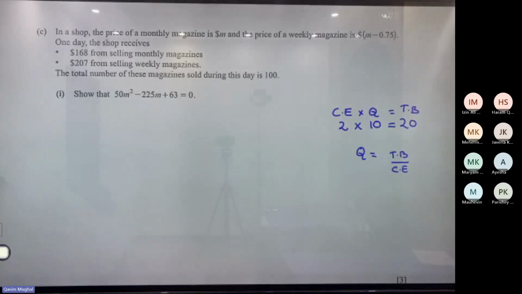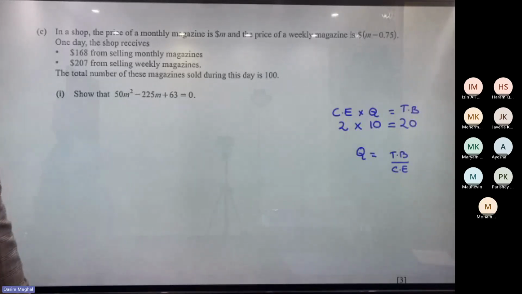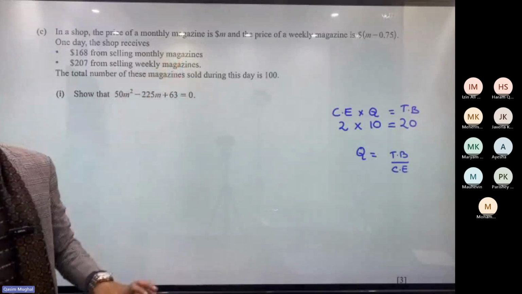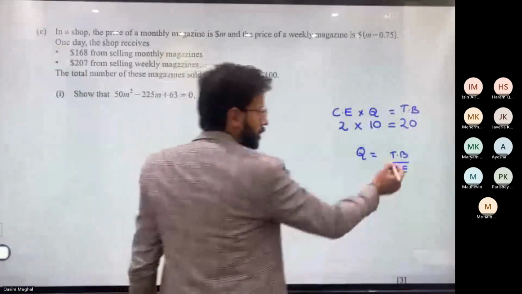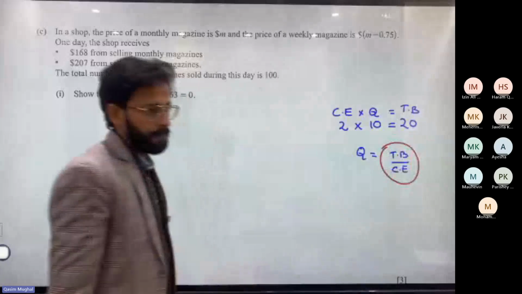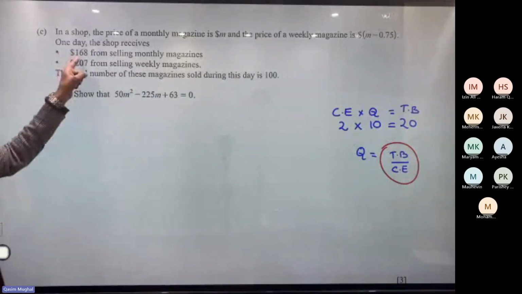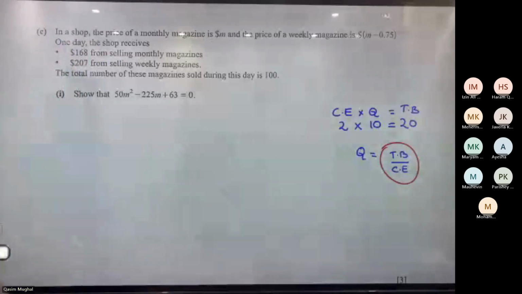On this particular day, उस दिन monthly magazines को sale करने की जो quantity है उसका expression क्या बनेगा? 168. That's the total bill.